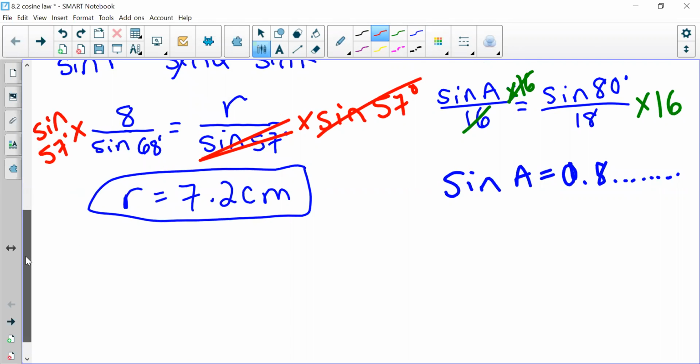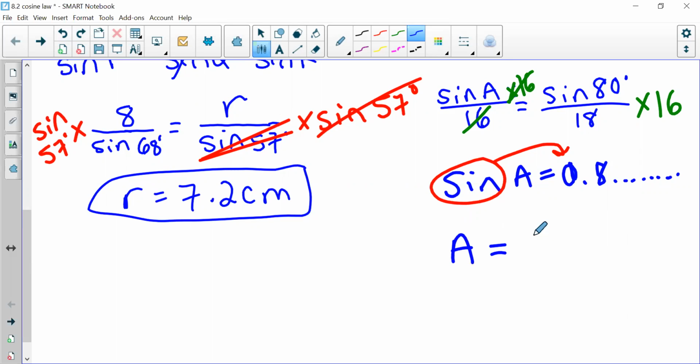You bring it to the other side. What will it look like when I move sine across the equal sign, guys? You're going to have sine to the negative one, the inverse function, when I move it across the equal sign.